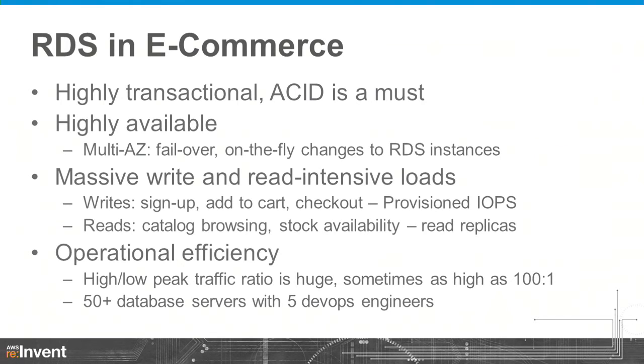But we're also seeing a very particular traffic pattern in the way that the reads and the writes are happening. For the writes, you have your sign up, add to cart, checkout, and you can use provisioned IOPS to help mitigate that problem. But for the reads, like catalog browsing and stock availability, you can't really cache these because remember, we're doing the item reservation.